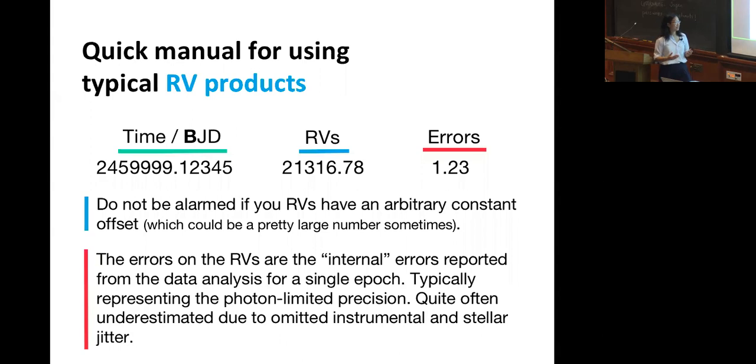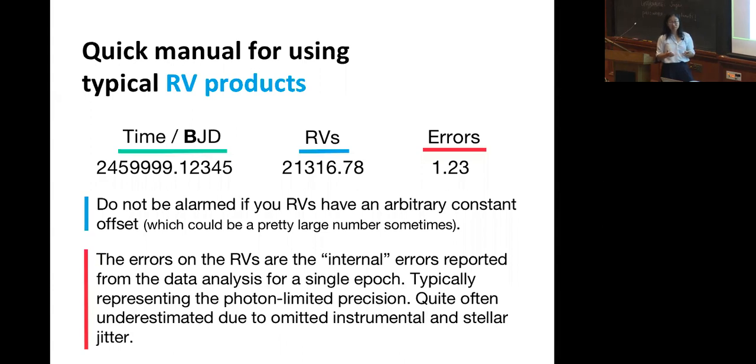Very often, it's underestimated from whatever the overall RV RMS you should be getting if you have a perfectly stable star, because it's very hard to estimate instrumental and stellar jitter. When you try to fit your data, you do want to fold those in. So it represents RV precision in some way, but not really.